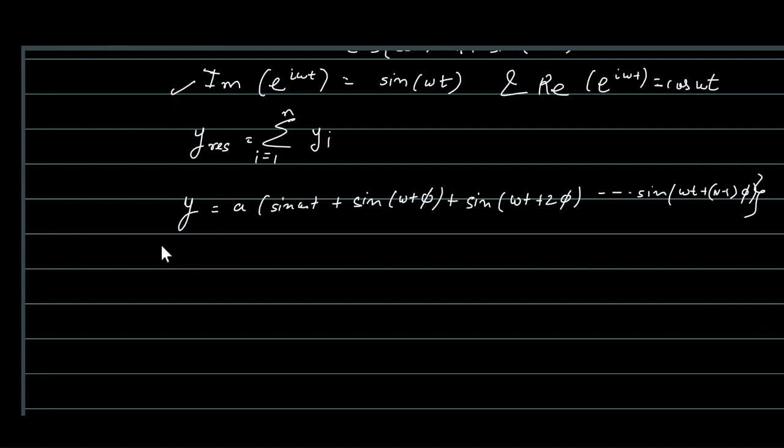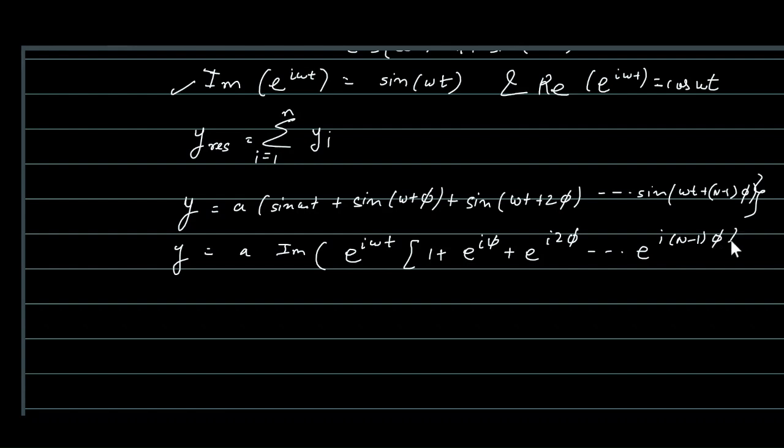So as said earlier, we can compress this equation in terms of complex numbers. We can write the imaginary part of e to the power i omega t times 1 plus e to the power i phi, e to the power i 2 phi, and so on till e to the power i n minus 1 phi. Now that is how we are going to write this equation.